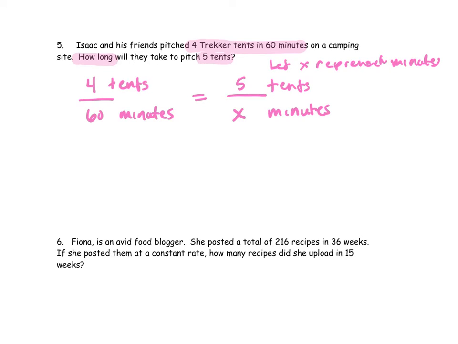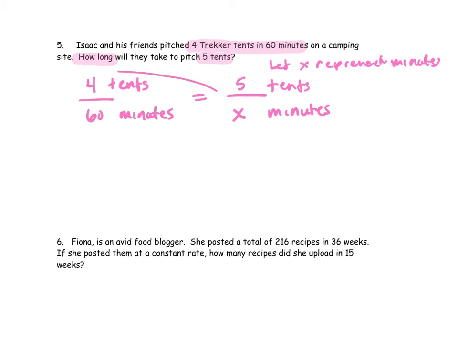Even though, once again, they listed the minutes first here and then the tents, I always have to use, if I start with tents on top on the first ratio, this has to be referring to tents. And if the minutes are on bottom on my first ratio, the minutes have to be on bottom on the second ratio. So now that we have this proportion, we're going to cross multiply.